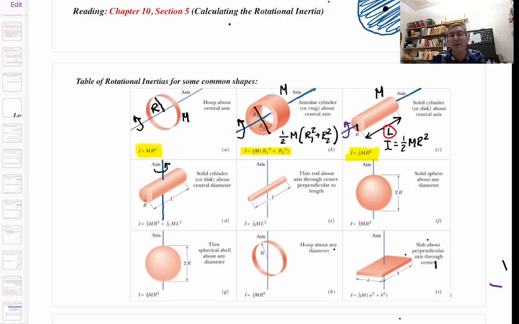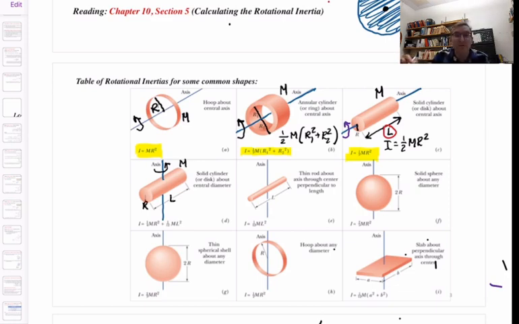If I think of this pen as being my disk, in the first case it's rotating about the long axis of the pen. In this new case, it's rotating about an axis this way. That could happen. It still has mass m, radius r, length l.